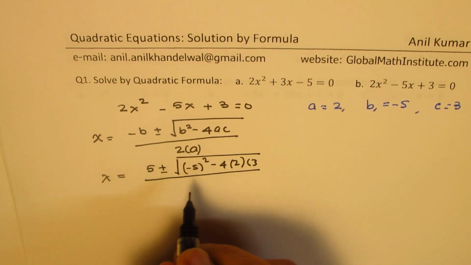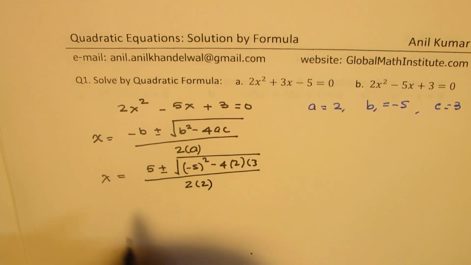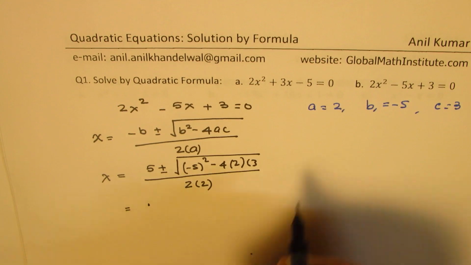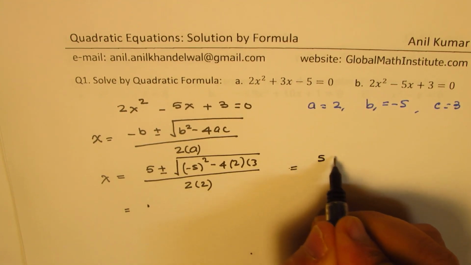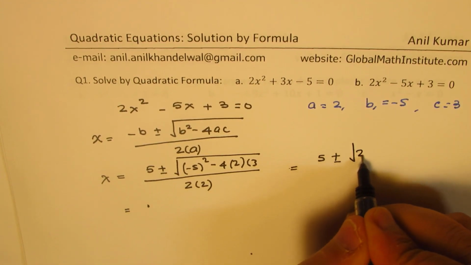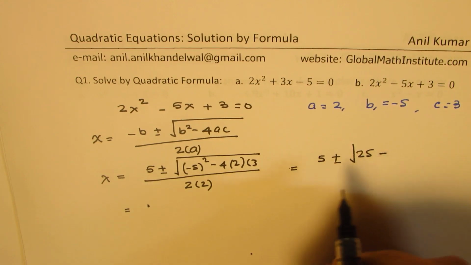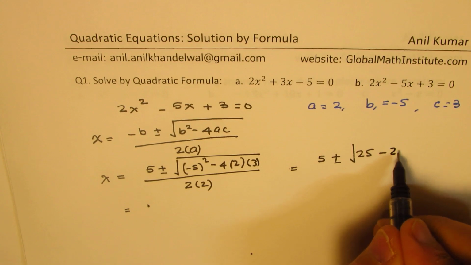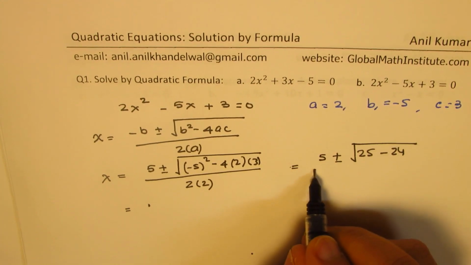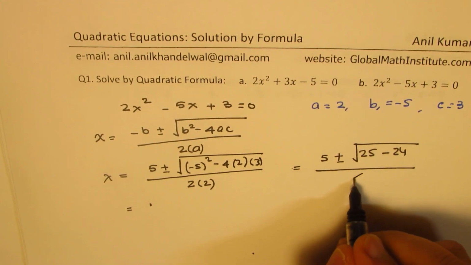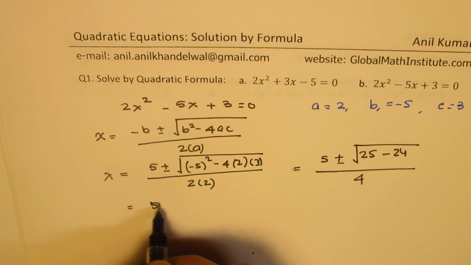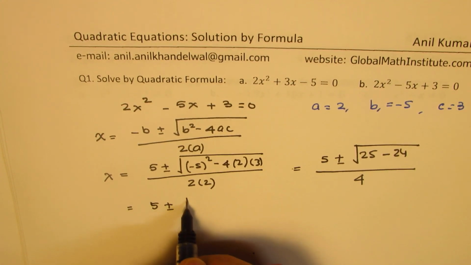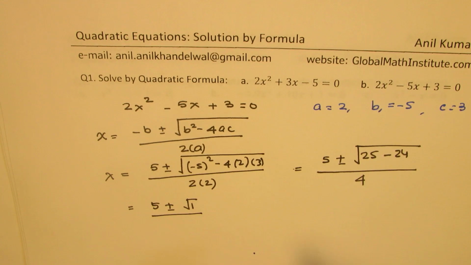over 2 times 2. So that gives us 5 plus minus square root of 25 minus 6 times 4, 24, over 4. So that is 5 plus minus square root of 1 over 4.